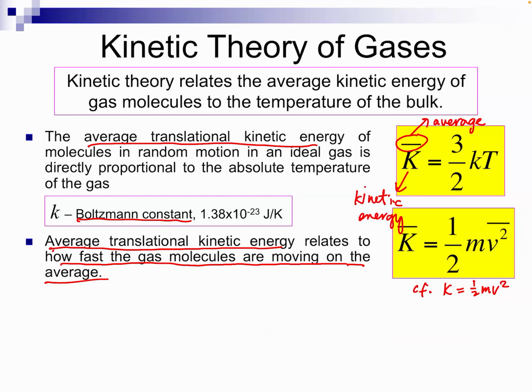But for now, we know from the definition that the kinetic energy is 1/2 mv², and therefore the average kinetic energy will be 1/2 m times the average of v², which is how fast the molecules are moving on average.